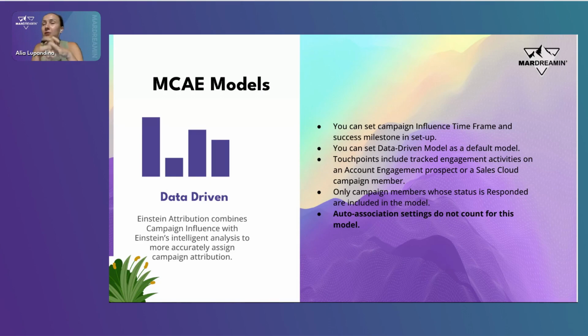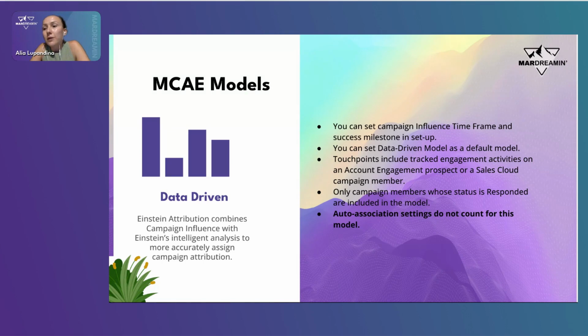And then we have the data-driven model. And this data-driven model works in a completely different way. It doesn't use auto-association settings at all. So basically, do not even touch auto-association settings if you want to attribute through the data-driven model. The data-driven model uses Einstein to attribute for the campaigns, and Einstein makes all those calculations between Account Engagement activities.